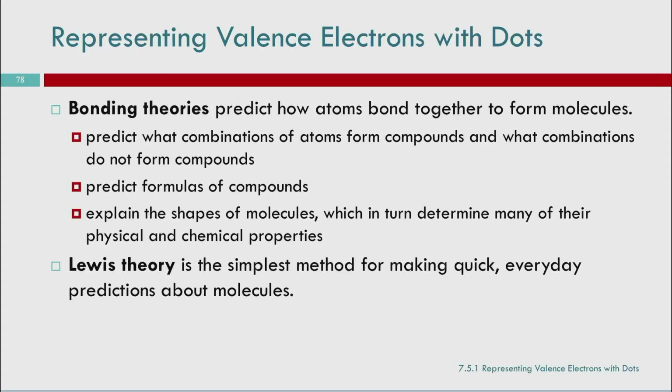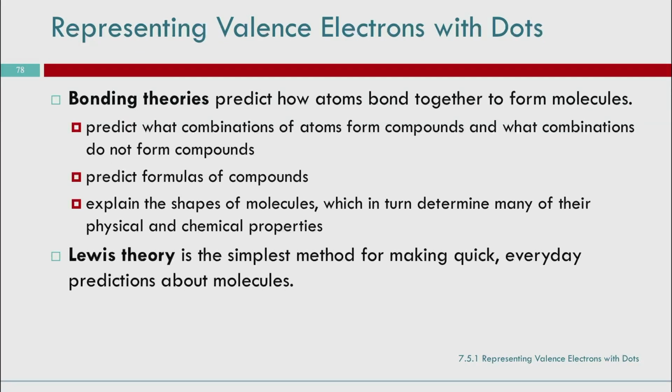So with bonding theories and valence electrons, we can start to work on coming up with combinations of compounds with nonmetals. So we're going to be able to do some fun stuff like predict the formulas of compounds. This works especially well for ionic compounds, even though we already have tools to do that.